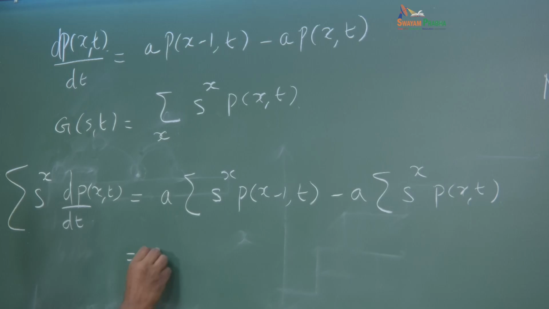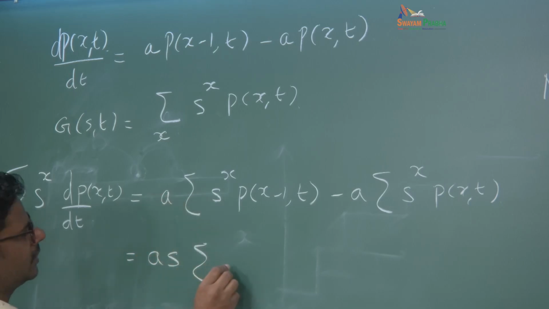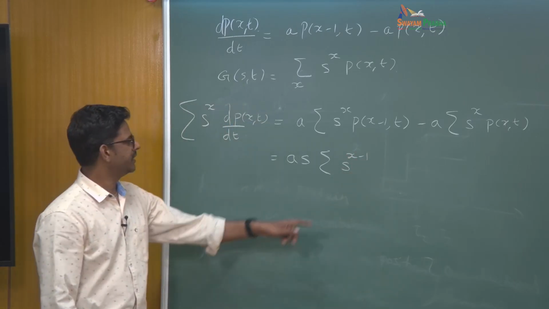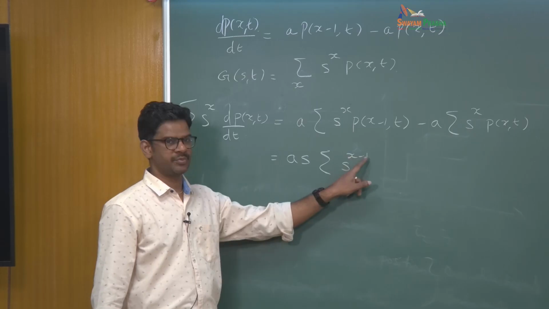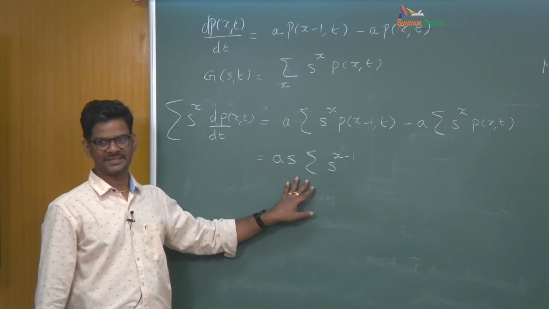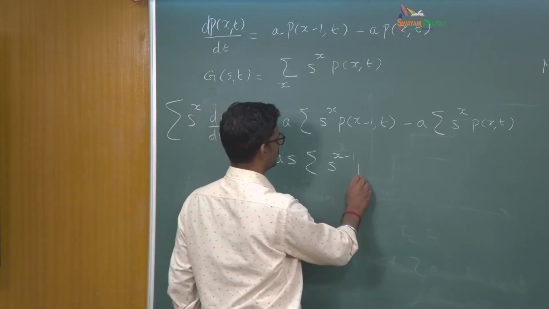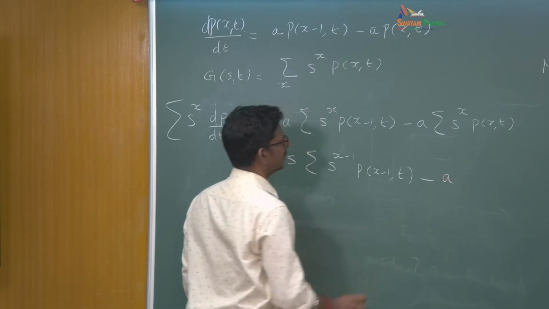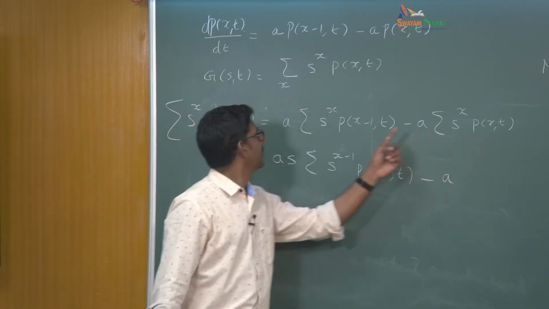So this term I can take an s outside. So I'll have s power x minus 1. I'm splitting s power x as s power x minus 1 times s, and s can be taken out because the summation is only over x. So this entire term is nothing but G itself.